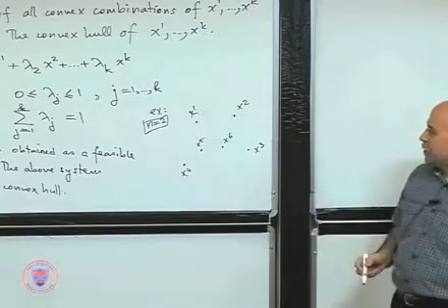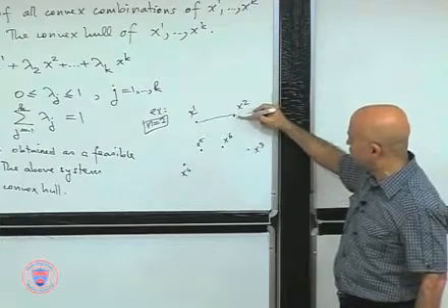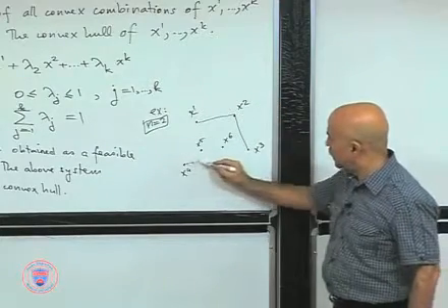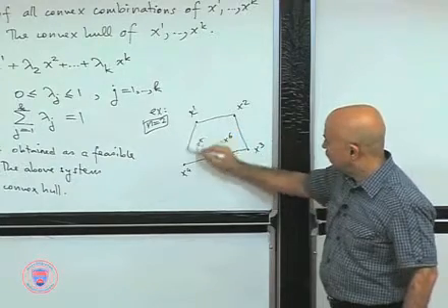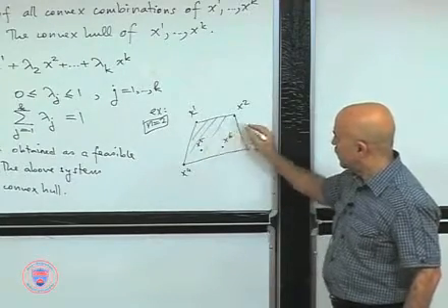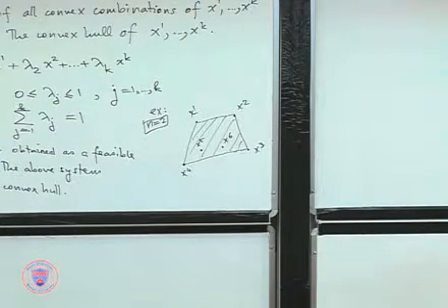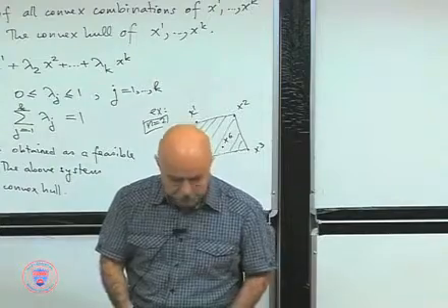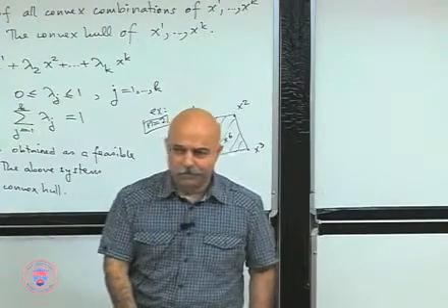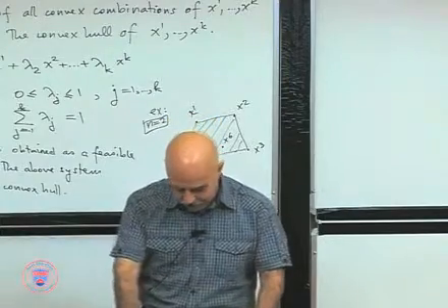You take all possible convex combinations and you start generating all these points that are contained in this shaded region. That's your convex hull. Of course, convex hulls are convex sets. You can prove that because they are actually formed by taking convex combinations.